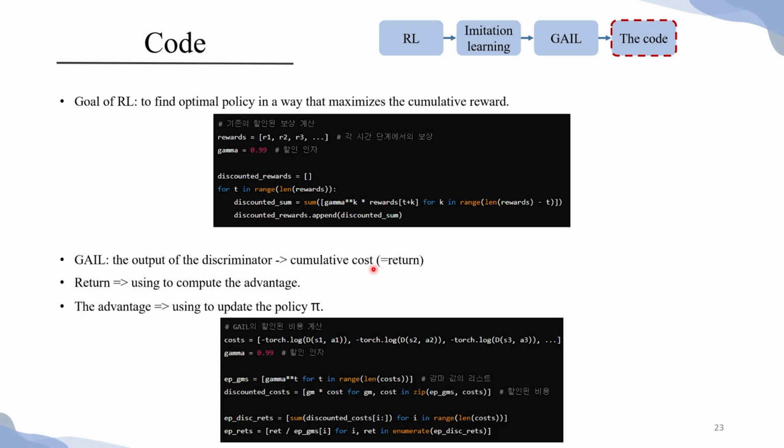The calculated return is used to compute the advantage value, which is then used to update the policy pi. This idea is similar to using discounted rewards in traditional reinforcement learning.